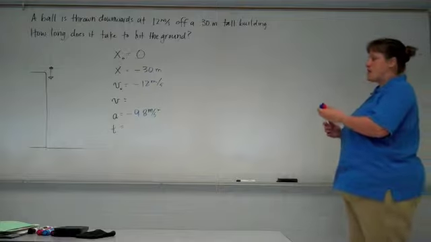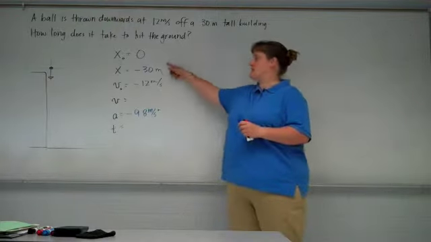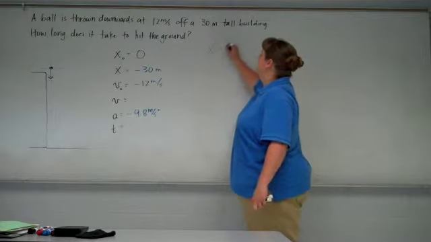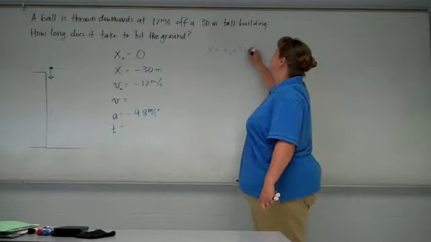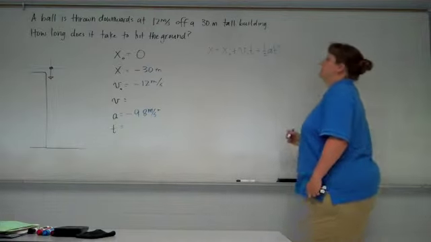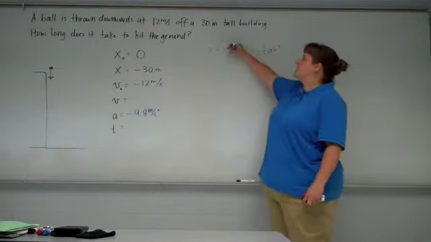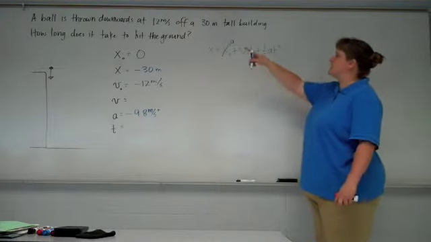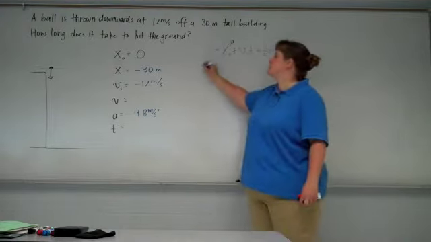All right. So our equation that has these known values in time is this. Set our initial position is 0. We know the initial velocity, the final position, the acceleration.